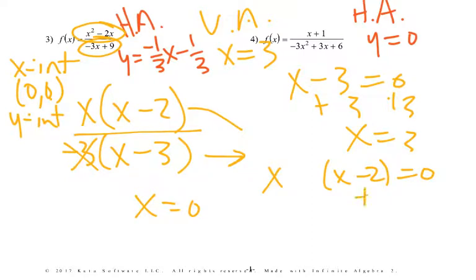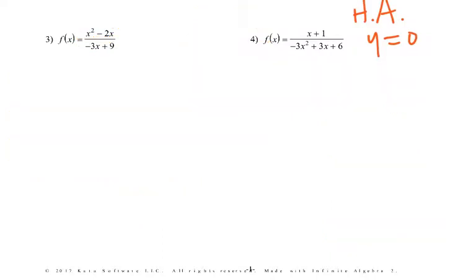Then we'd add 2, we get x equals 2, so at 2, 0, we also have another x-intercept. So for our y-intercept, we'd make those equal 0, and we'd get 1 over 6 left over, so it'd be 0, 1 over 6.